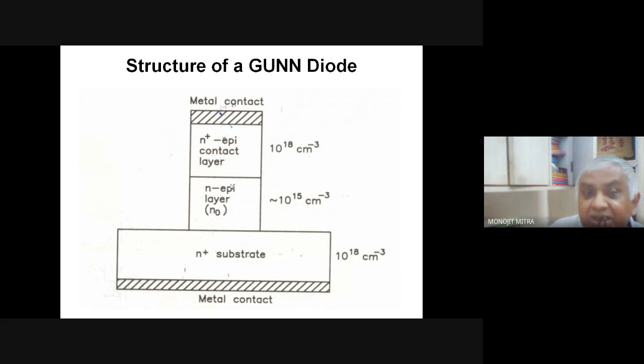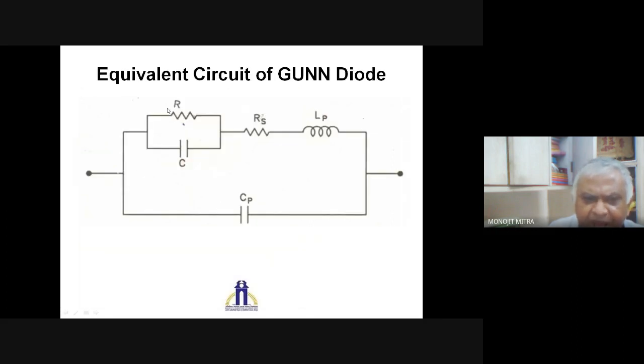That means when current enters from the top and flows towards the bottom, it will face some resistance due to the N plus layer. That is because of the semiconductor and its insulating nature. It is not a perfect conductor. So that's why you see this resistance R here, which is due to this.